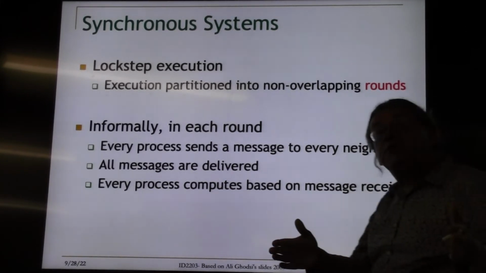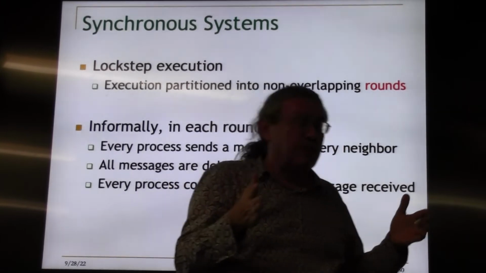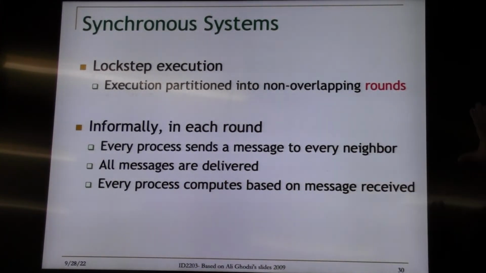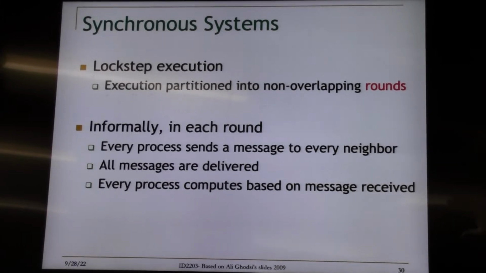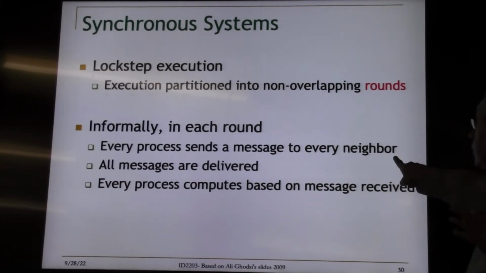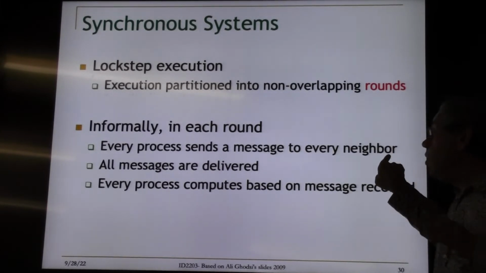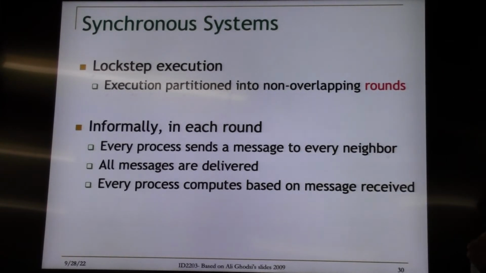So the round corresponds to the upper bound in the real world. This model has no time numbers attached to these events. It's all abstract, but the round will correspond to the upper bound. A process is allowed to send a message to every neighbor inside the round. And it has to arrive, be delivered, inside the round, which means less than the upper bound.